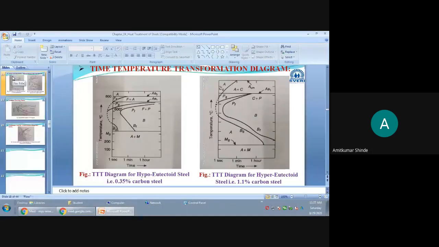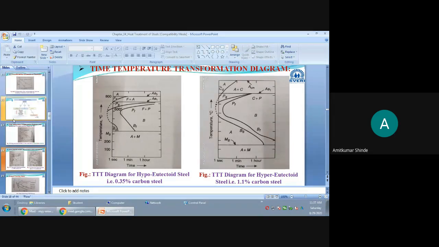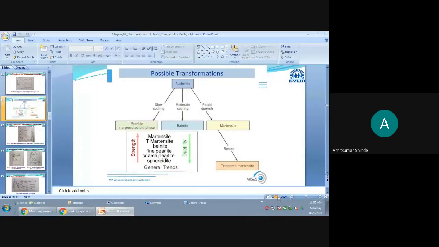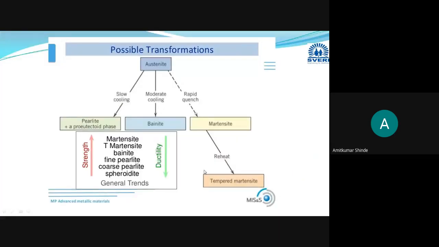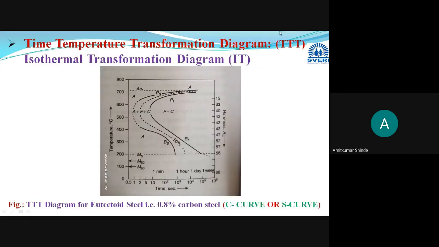After seeing the transformation products of austenite depending on the cooling rates, and their different properties, we studied the TTT diagram, time temperature transformation diagram, also known as C curve or S curve depending on its shape, and isothermal transformation diagram or IT diagram.